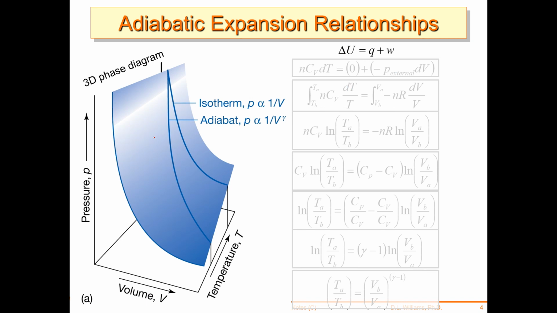So let's look at some of those. First, let's figure out where this gamma thing came from. So now we have our 3D phase diagram. And we've got pressure and volume, which is what our typical two-dimensional plot looks like. So we're normally sitting outside this pane looking in to this complex surface. And temperature comes out of the plane towards us.